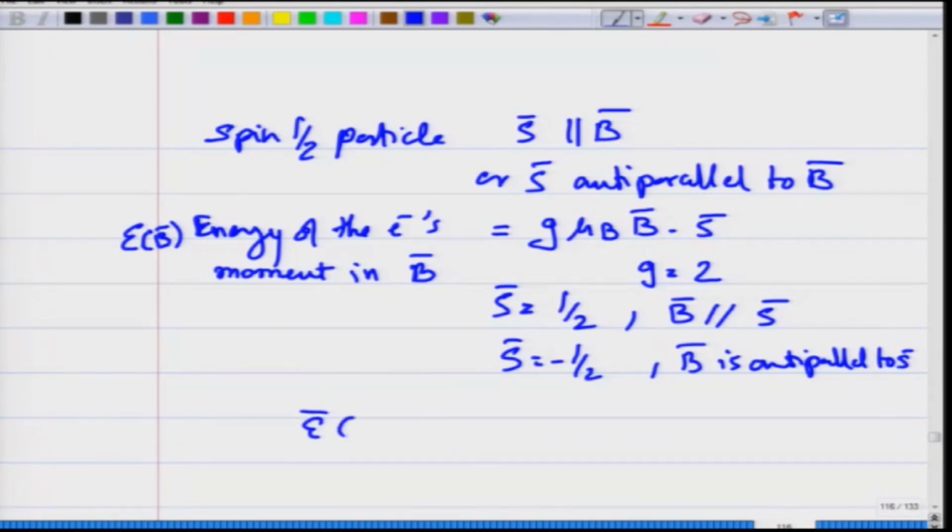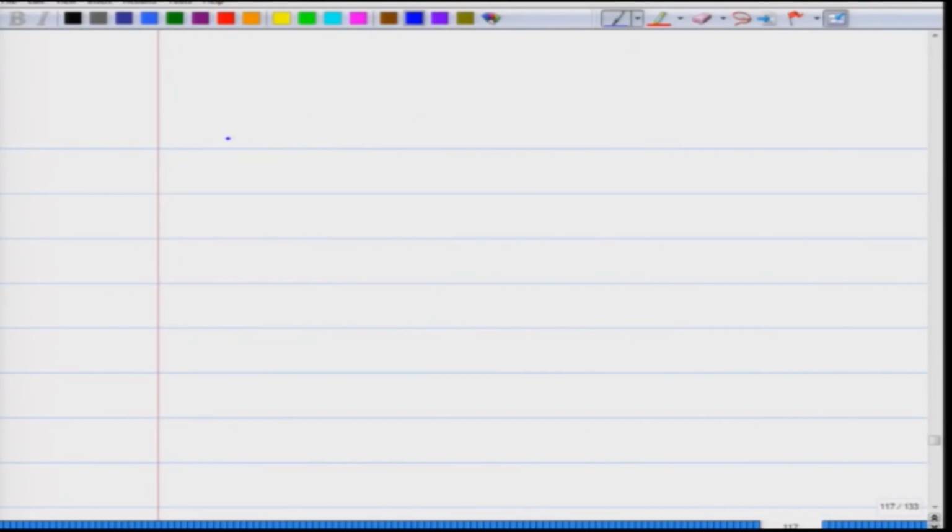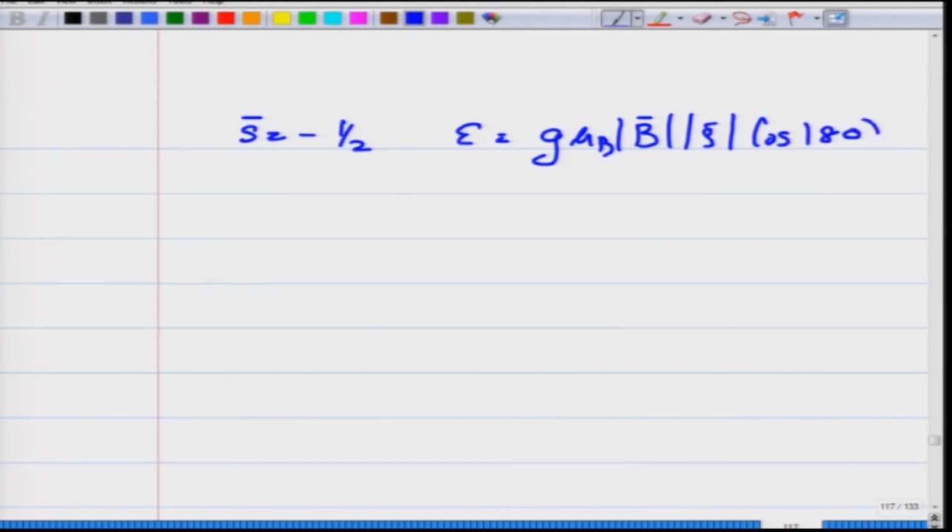Let us write this as the energy of the magnetic moment in a magnetic field. The energy of the electron in a magnetic field is 2 into mu B B into half cos 0 for a spin half particle, and this is equal to mu B B. And for an opposite spin particle, for S equal to minus half, the energy is g mu B, B the magnitude of the field, S cos 180, because the spin is in the minus half direction, the opposite direction.